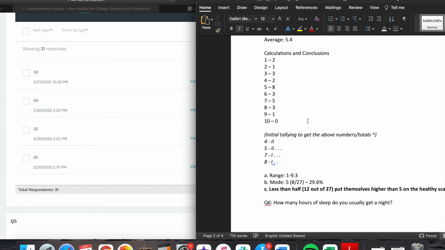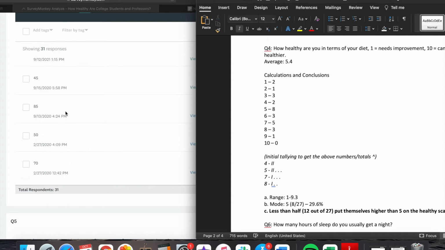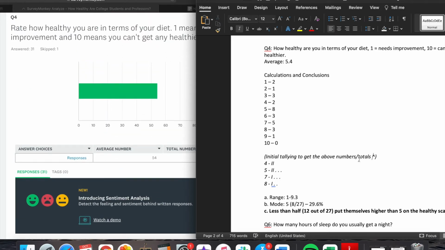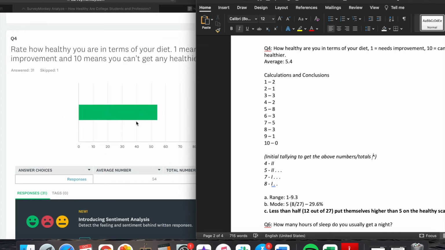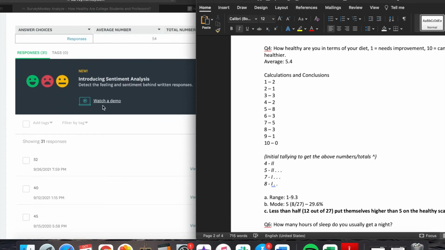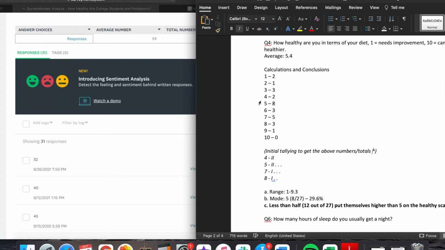Okay, so anyway, I look at the range because SurveyMonkey doesn't give me the range either. You might have a different kind of setup actually, because I don't think any of you had a sliding scale. But this is how you would do it if you had a sliding scale. If you did multiple choice, I guess you wouldn't have to tally it up.